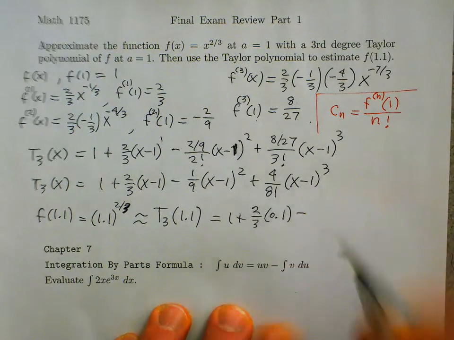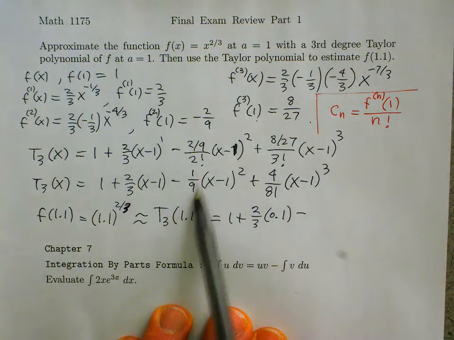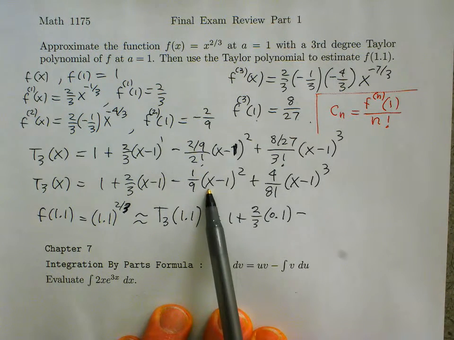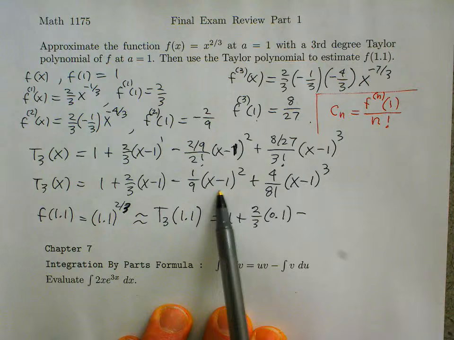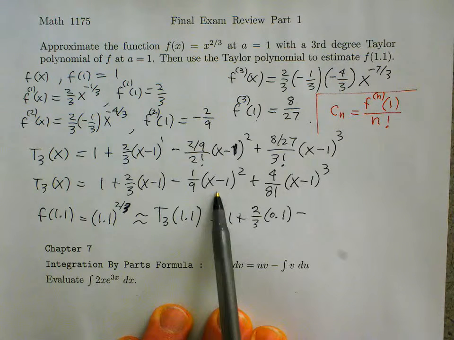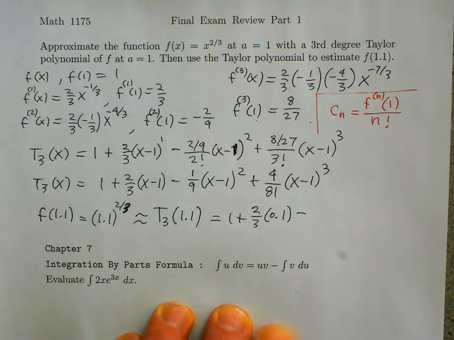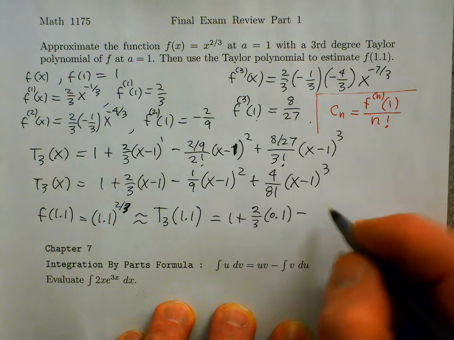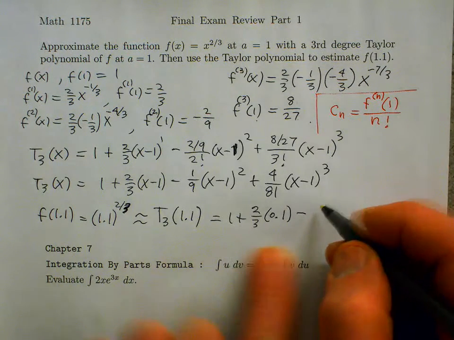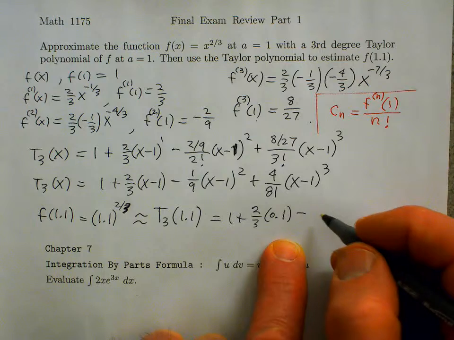And then minus 1 over 9 times 1.1 minus 1 squared. What does that simplify to? 0.01.